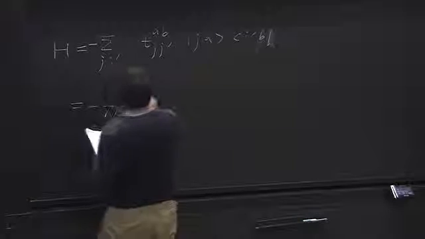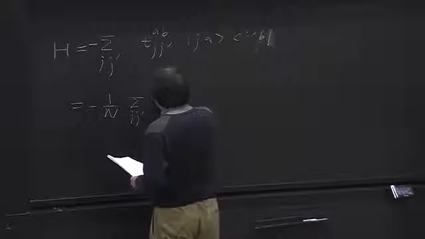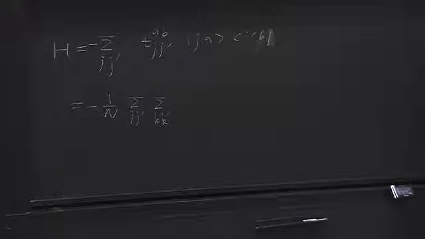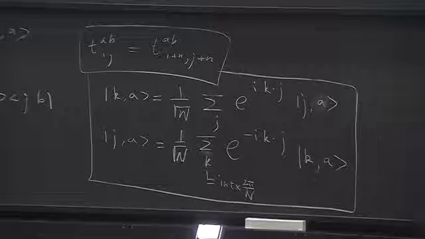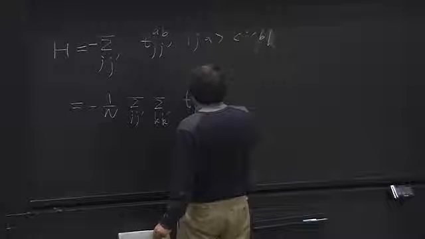Then we have a summation over j prime, but we also have a summation over k prime, because when we plug this in, we have to name these two dummy indices differently. One is k, and the other we have to name k prime. Then we have this T_AB^(j j prime).